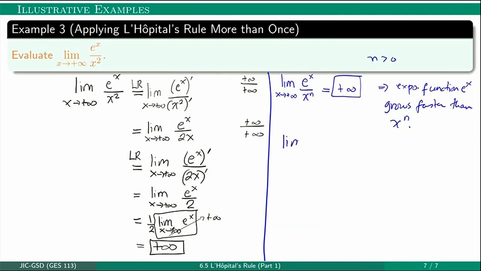Now, what happens if we replace the position of x to the n and e to the x? This time, since the exponential function grows faster, the denominator is getting bigger and bigger faster than the numerator. So the net effect will be this number will go to 0. And that's it. Thank you.